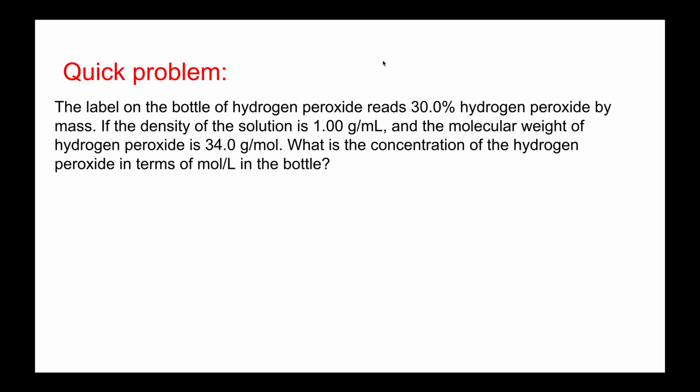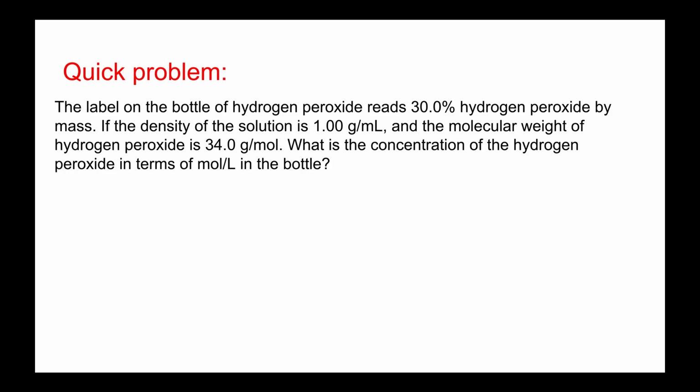Now try to calculate the concentration of the H2O2 in the bottle. The hint is to think about what to do with this 30% hydrogen peroxide by mass. What does that mean? Pause the YouTube video and try to work this out for a minute.